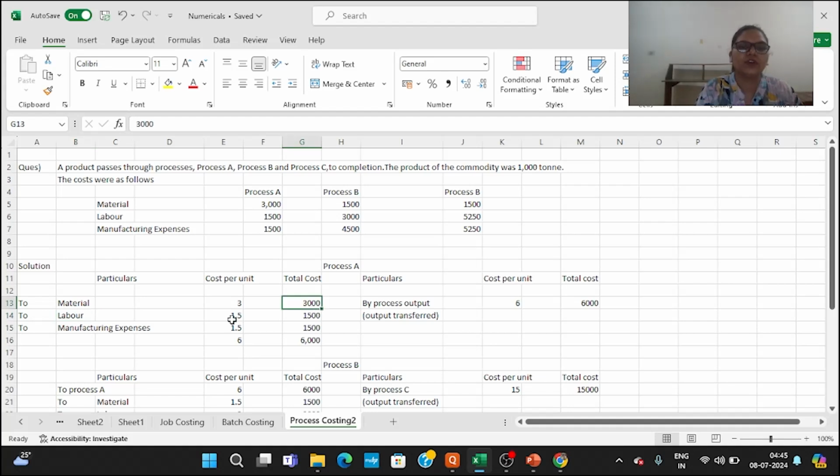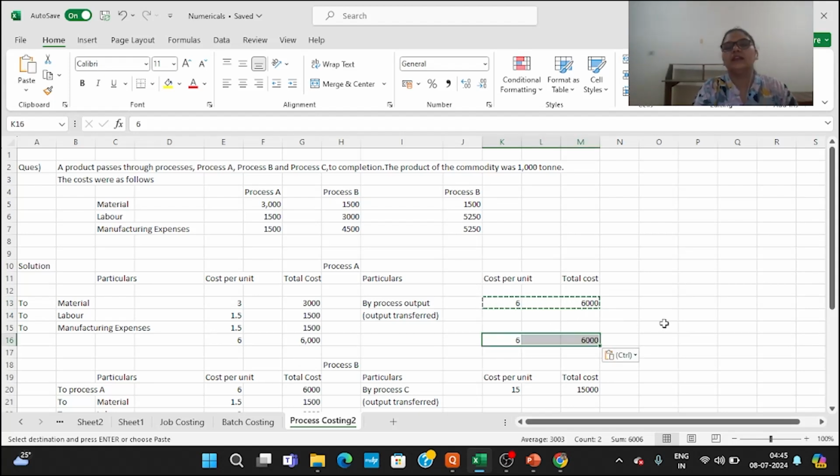For 3000 cost per unit will be 3, for 1500 cost per unit will be 1.5, for 1500 again cost per unit will be 1.5. The total of the cost is 6000, and we will forward this 6000 in the credit side, 6000 and total. So let's copy it in the last column to complete the format.